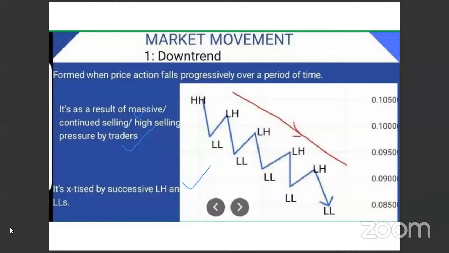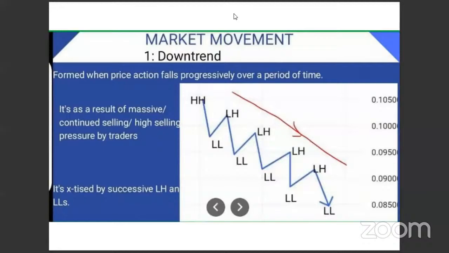What is a downward trend? A downward trend is formed when price action starts to fall progressively over a period of time. It is a result of massive continued selling. As in the near future, we are going to look at candlesticks.